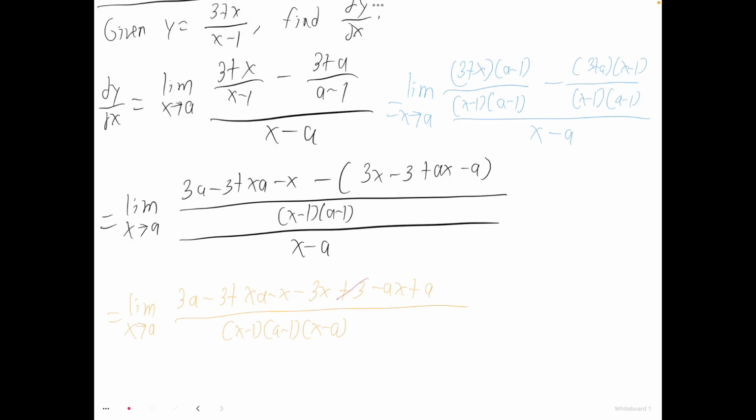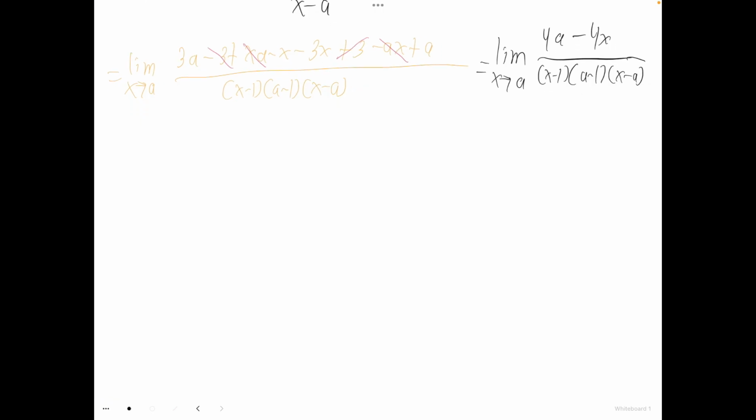So we have a plus 3 here and a minus 3 here, and then we have a plus xa here and a minus xa there. And so overall, if we simplify this, as x goes to a, on the top we're left with 3a plus an a, so we're going to have 4a minus 4x. Then on the bottom we have (x minus 1) times (a minus 1) times (x minus a).